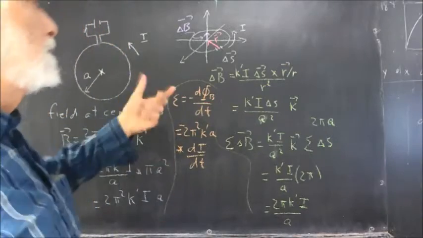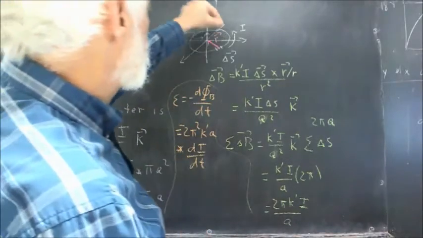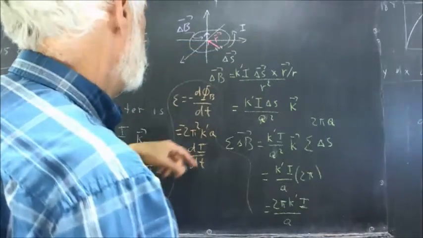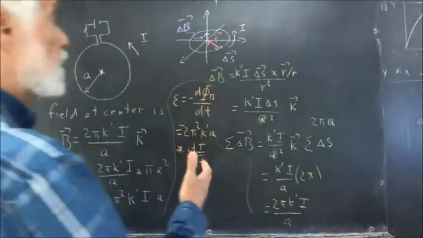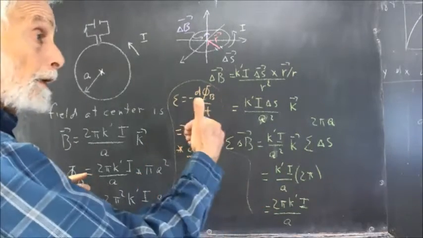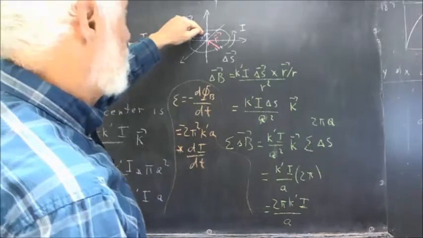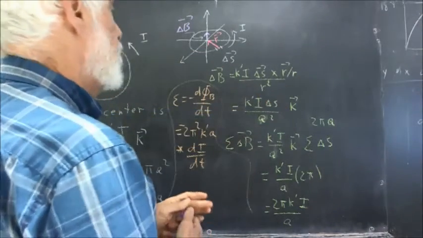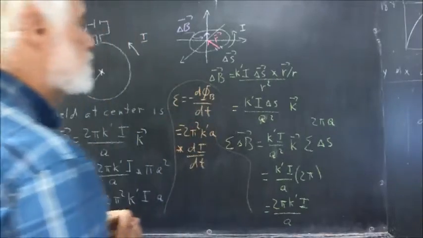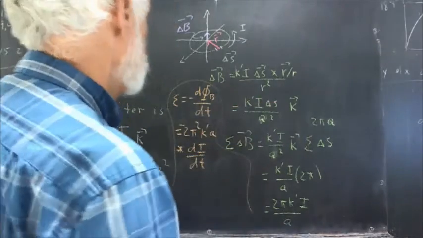What that really means is it doesn't matter where this loop is or where this segment of the loop is, we're still going to do the delta S cross R, and we're still going to get something parallel to the K vector. And the magnitude is going to be delta S times K, or I delta S times K if you wish.